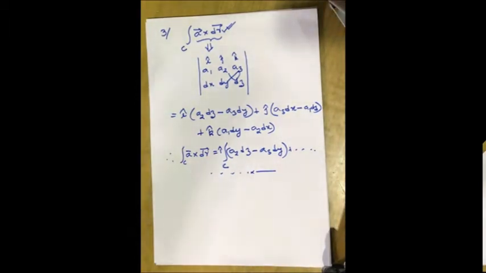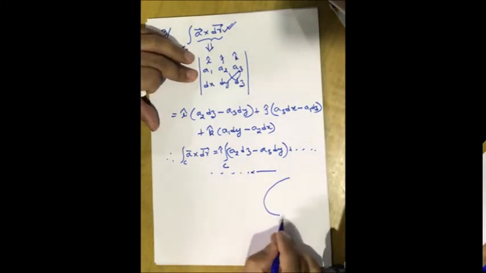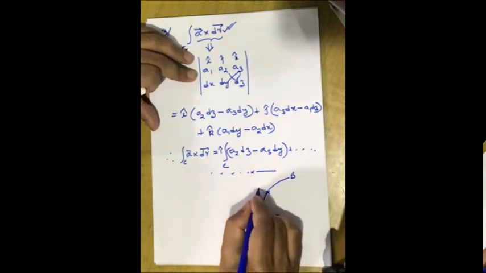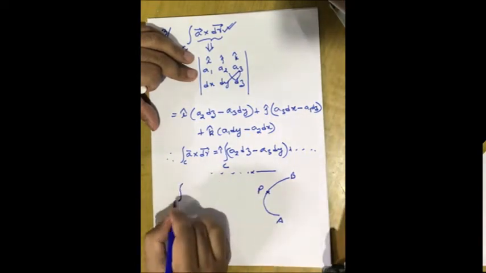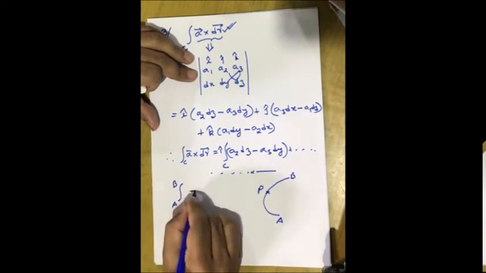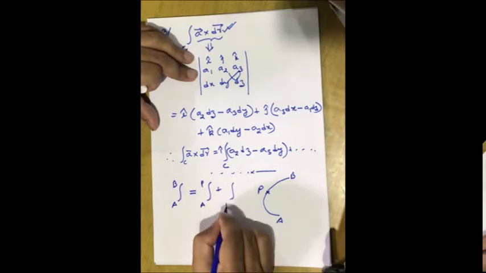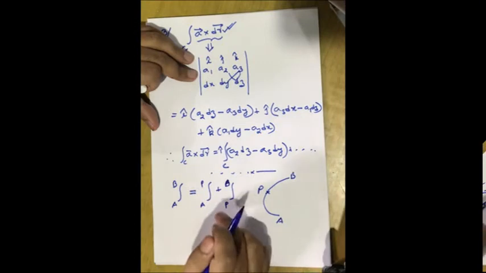Before ending this part, let me discuss some properties of a line integration. For example, we have a path from a to b, and if we consider a point p in between the two end points a and b, then the line integration of any quantity, either scalar or vector, from a to b can be written as the line integration from a to p plus p to b.